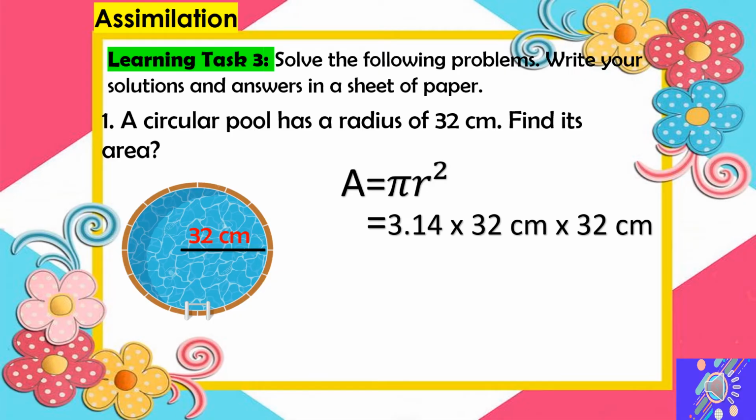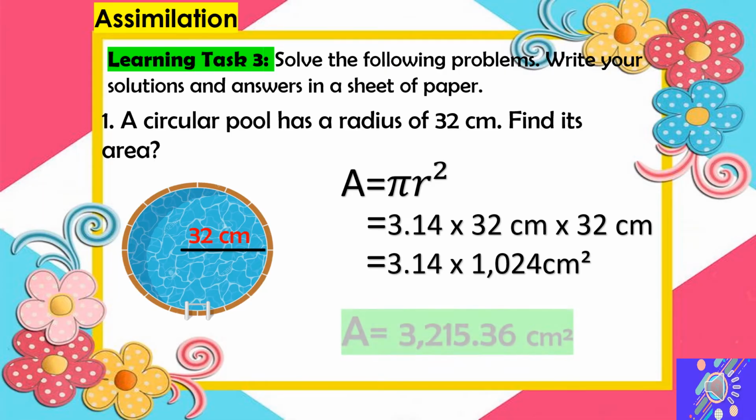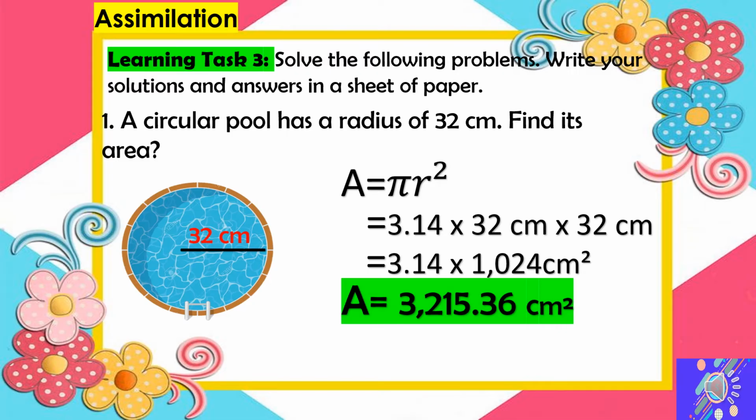So 32 centimeters times 32 centimeters. So when we multiply 32 times 32, the answer is 1024 square centimeters. So if we are going to multiply 3.14 times 1024 square centimeters, the area of the circular pool is 3215.36 square centimeters.